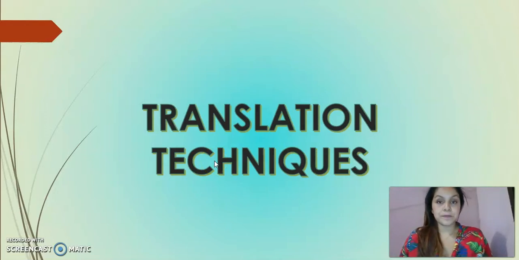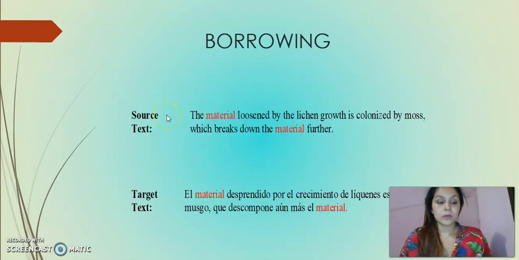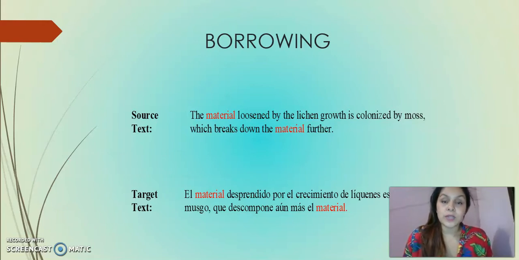Translation techniques. Borrowing. Borrowing is a technique used for those terms borrowed from one language to another, which are used and do not have a translation. The translator translates those words the same as in the source text.